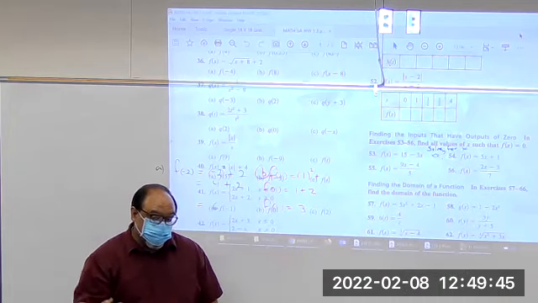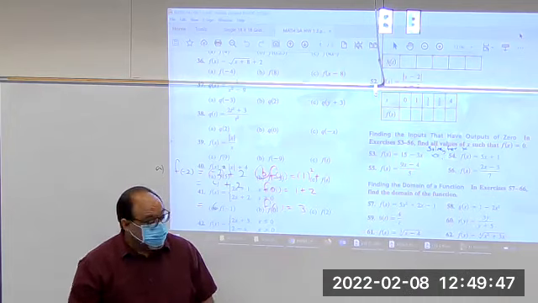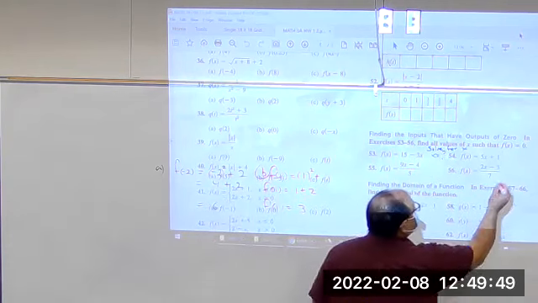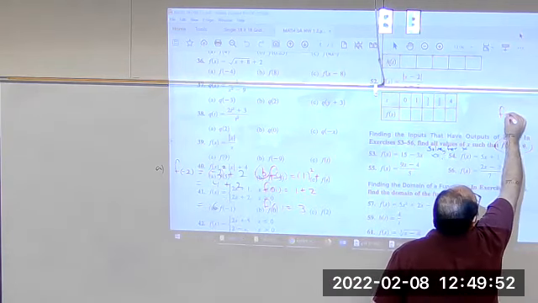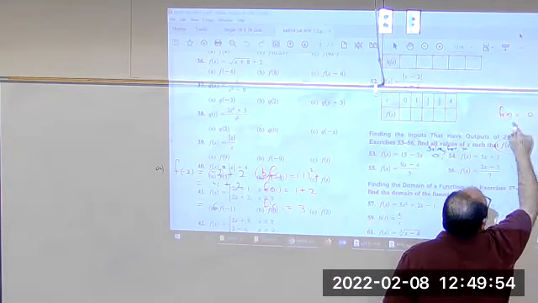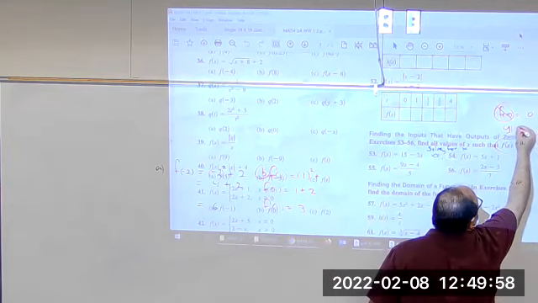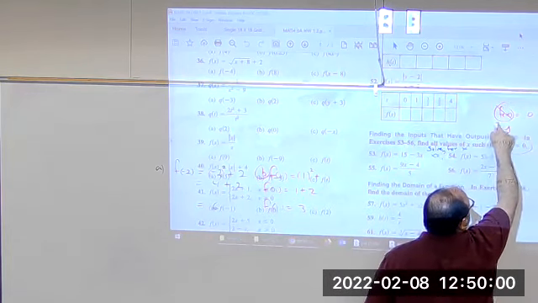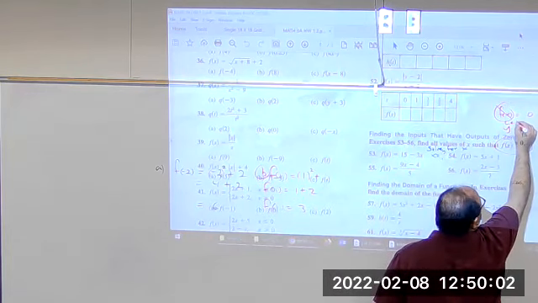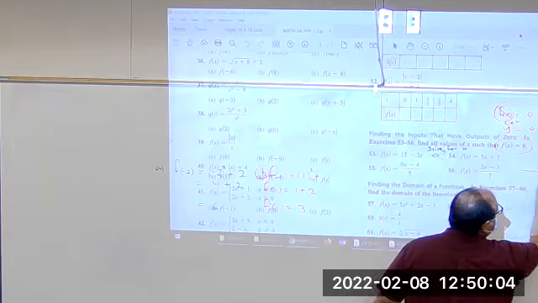It's going to give you the x-intercepts. Because when you let f of x equal 0, remember, f of x is replacing the y. So instead of f of x equals 0, what you're doing is you're letting y equal 0.